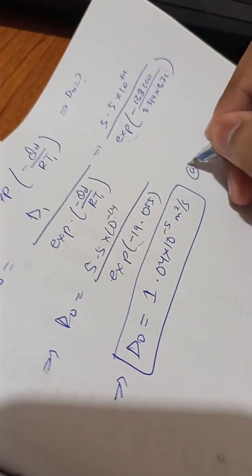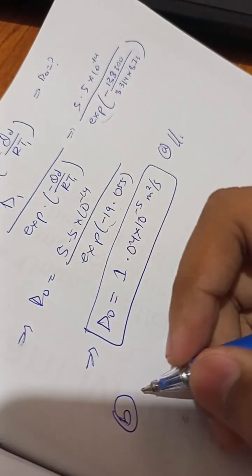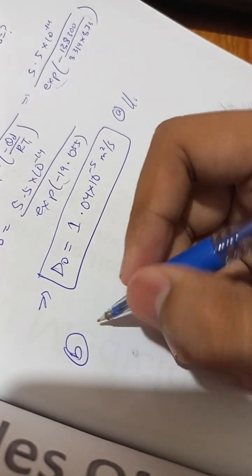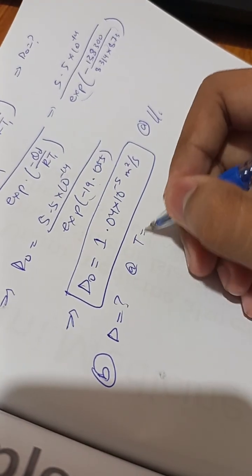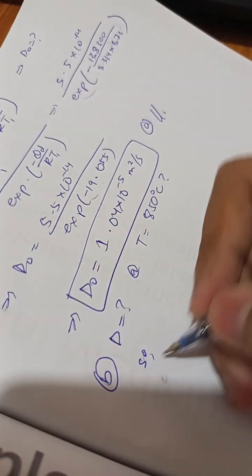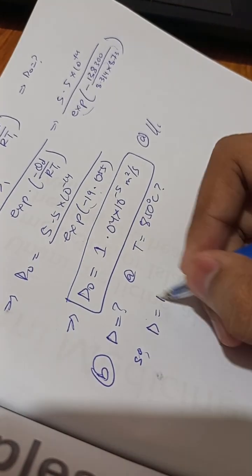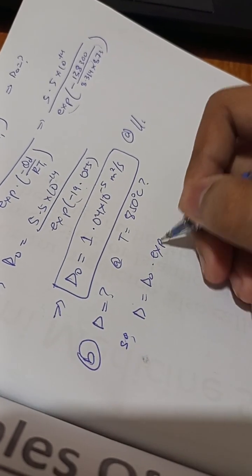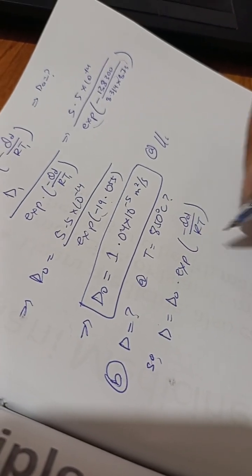So part A is completed. Now for part B. In part B we were required to find D at a temperature of 850 degrees Celsius. So it is very simple, use the Arrhenius equation. It is D is equal to D naught into exponential minus QD over RT.